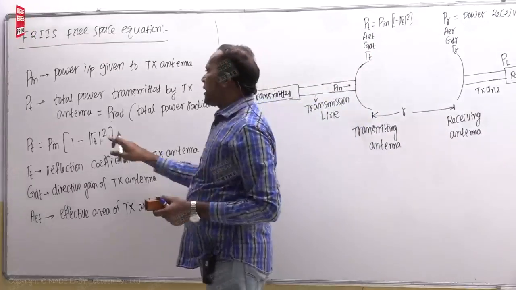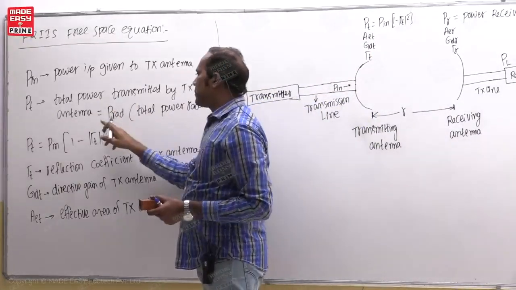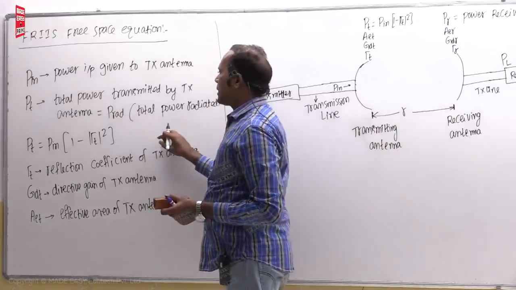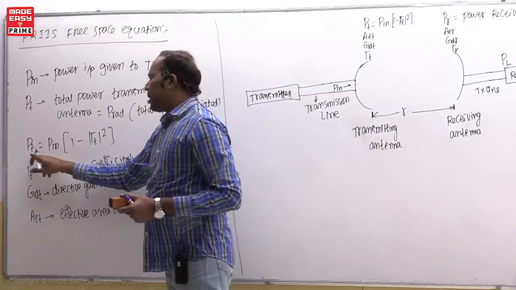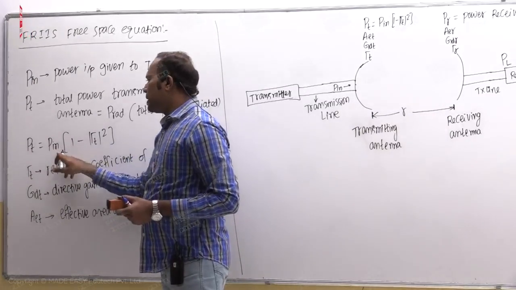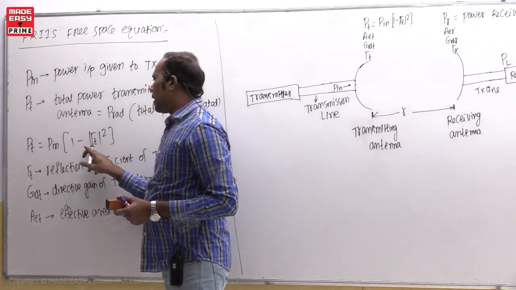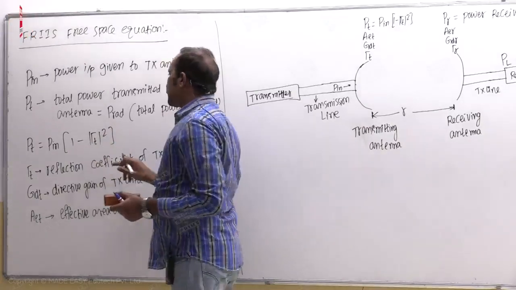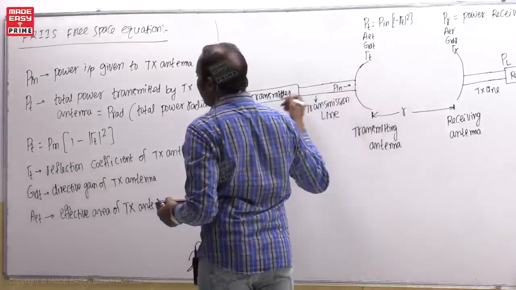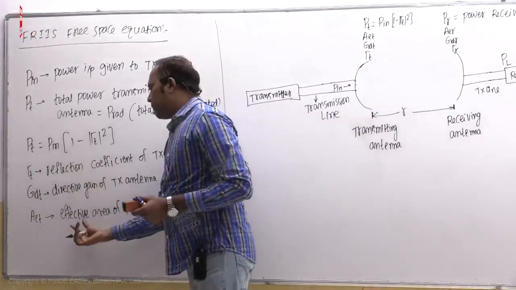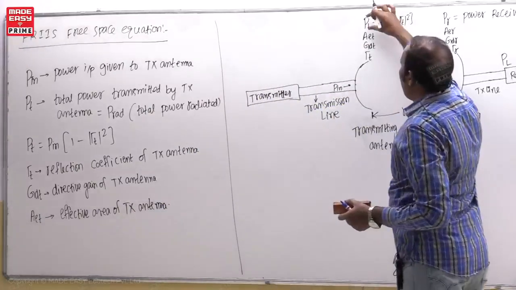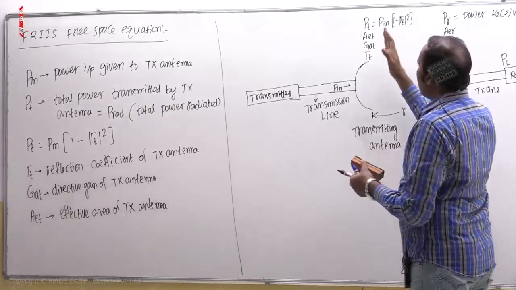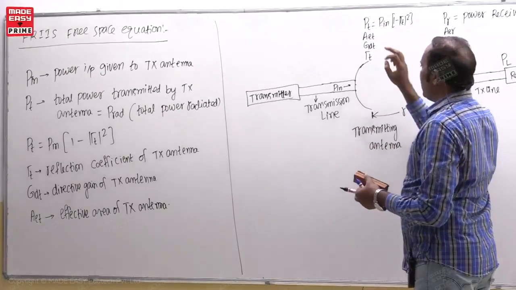The total power transmitted by the transmitting antenna is also called the power radiated. So power transmitted is equal to incident power multiplied by 1 minus gamma square, where this gamma is taken for the transmitting antenna. So everything is written here. Now the power transmitted by this antenna is this much.